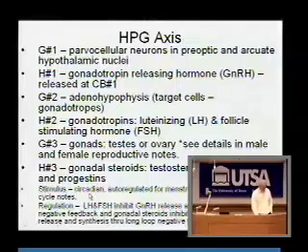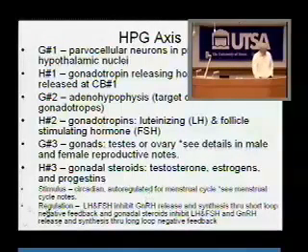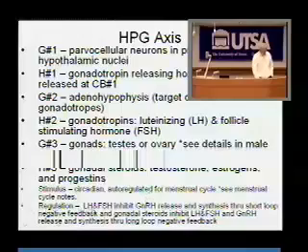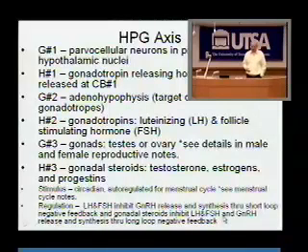There are various stimuli: circadian, autoregulated, for the menstrual cycle. And regulation: the LH and FSH are going to, through the short loop negative feedback, inhibit GnRH synthesis and release, and then through the long loop negative feedback, the gonadal steroids will inhibit at both the level of the pituitary and the hypothalamus.